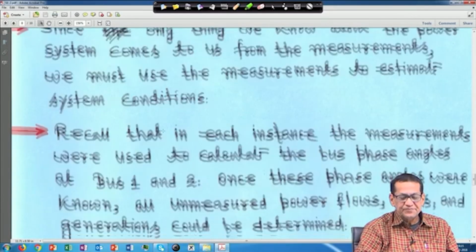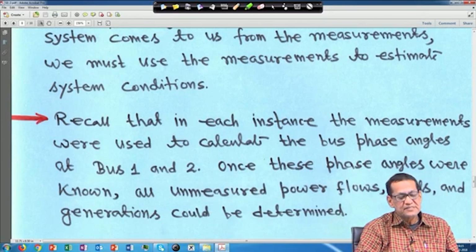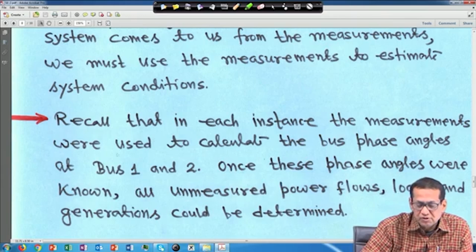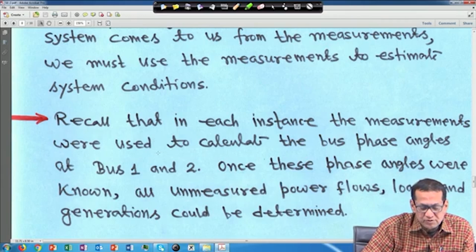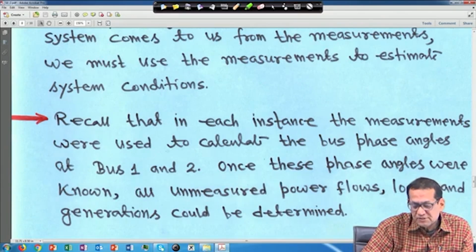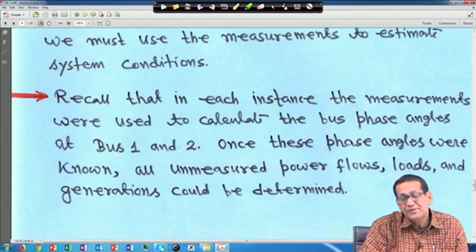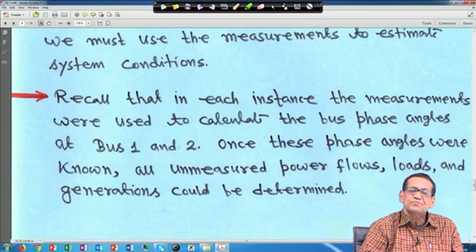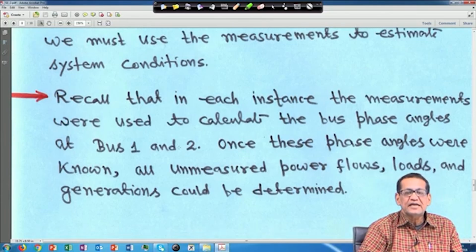Now, recall that in each instant the measurements are used to calculate the bus phase angles at bus 1 and bus 2. Once these phase angles are known, all unmeasured power flows, loads and generation could be determined, right. That means we need the best estimate of the voltage angle.